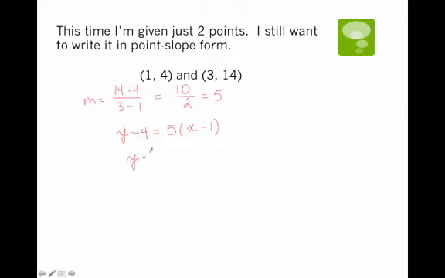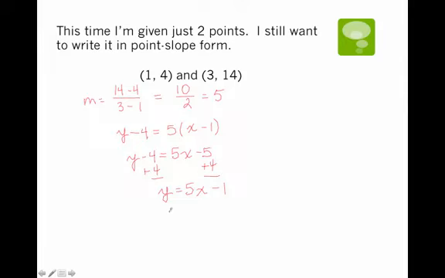So I've got y minus 4 equals, distributing on this side, 5x minus 5, adding 4 to isolate my y. I end up with y equals 5x minus 1. Now I've used those 2 points using point slope form to get me to my slope-intercept form.